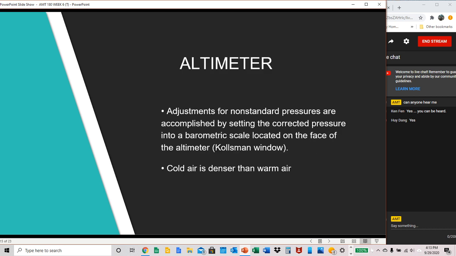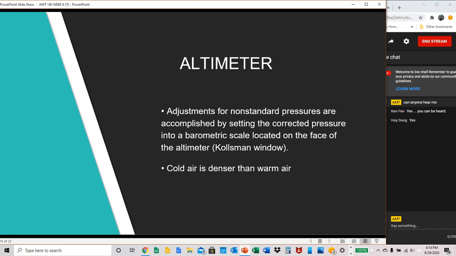Adjustments for non-standard pressures are accomplished by setting the corrected pressure into a barometric scale located on the face of the altimeter. This is called the Kollsman window. If you don't know what I mean by the Kollsman window, there are pictures in your textbook. You are definitely going to want to know what that means.